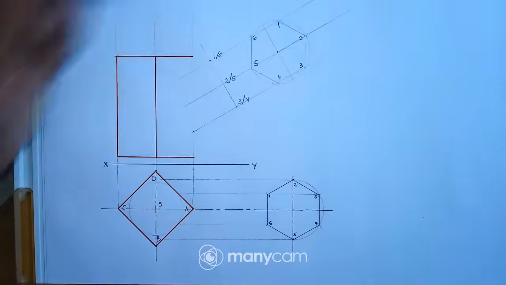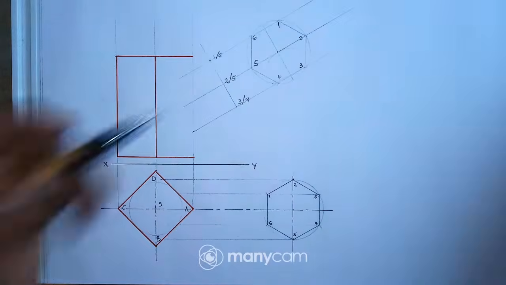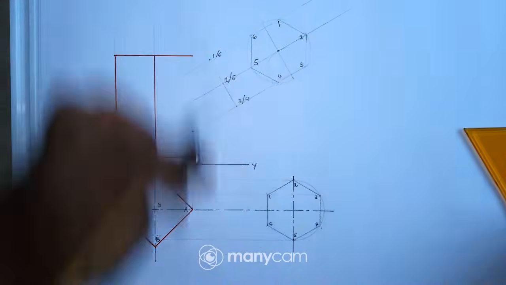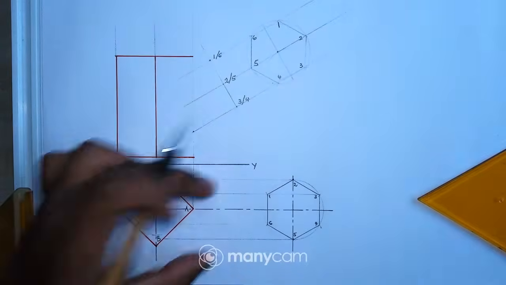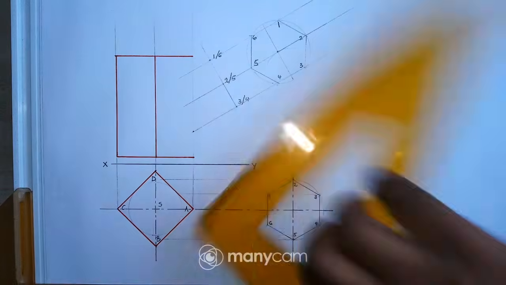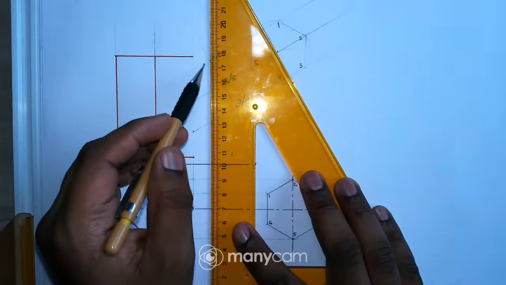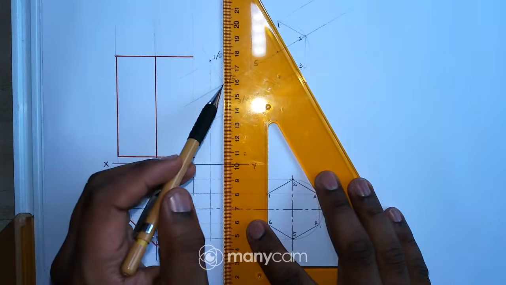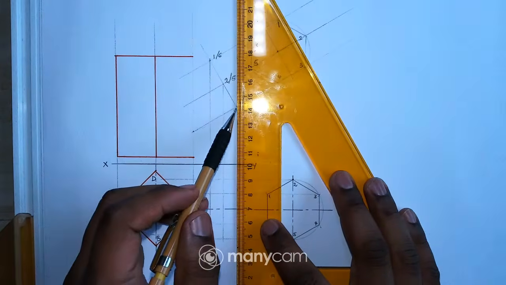Okay, perfect. So now, because I have those points here from the front view, I can just project them down to the top view so that I can complete this section, right? Okay, so just take my ruler, project those points down to here, down, down.